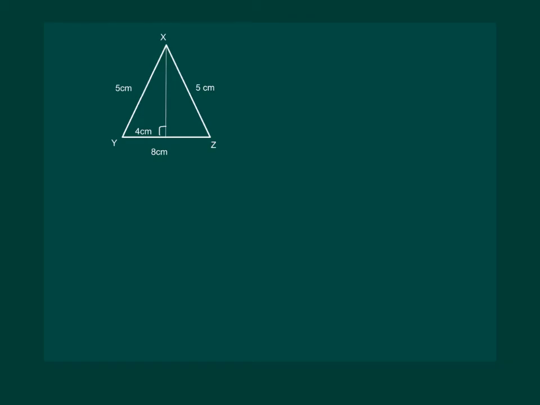That means again we have a right triangle which can give us the height of this isosceles triangle. Let us mark the point as P. Again, using the Pythagoras theorem, we will have XY whole square should be equal to YP whole square plus XP whole square.